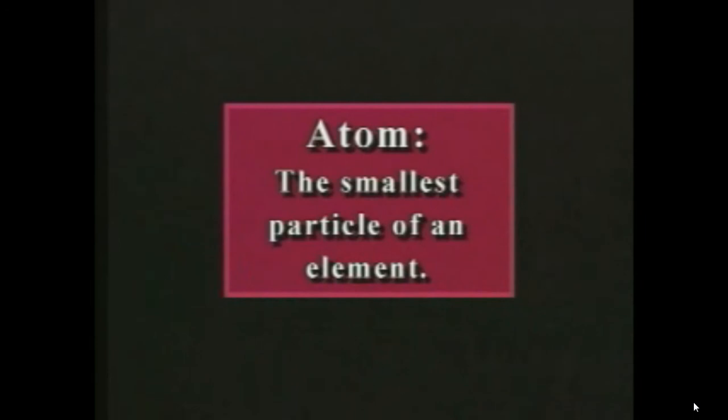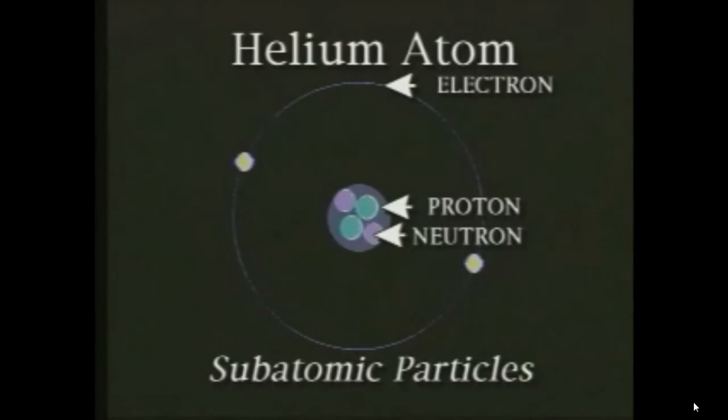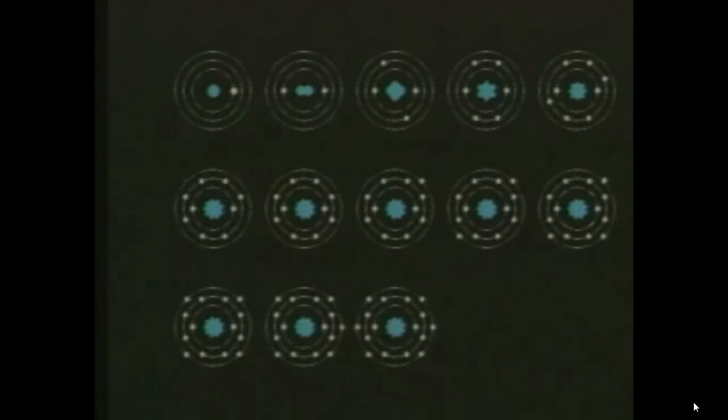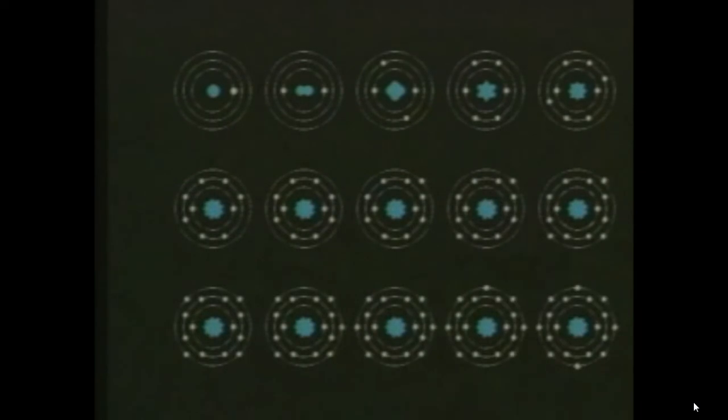The smallest particle of an element is an atom, and all atoms are made from the same three subatomic particles: protons, neutrons, and the electrons, which are used in chemical bonding. Different elements possess different numbers of subatomic particles, and as a result, each element has different properties.